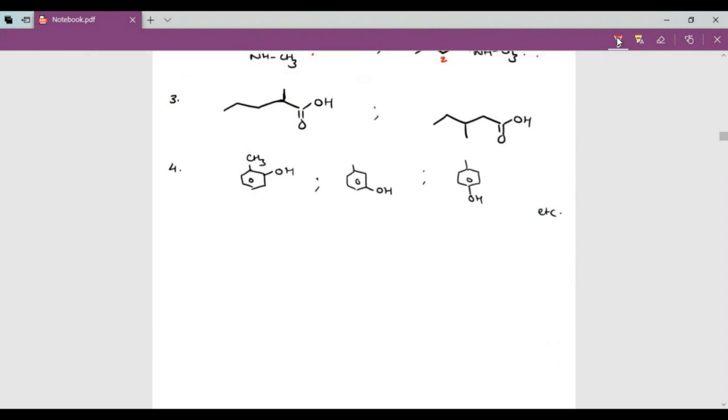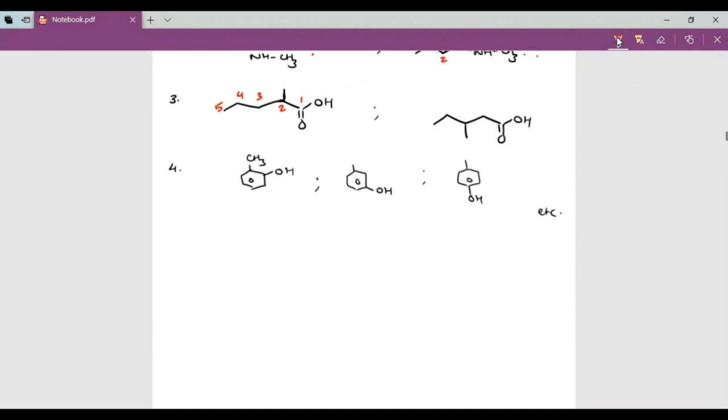Now in the above two examples, we have seen that there is a difference in position of functional groups. In example number 3, we are observing that there is a difference in position of the substituent. Let's see how. First, second, third, fourth, and 5.